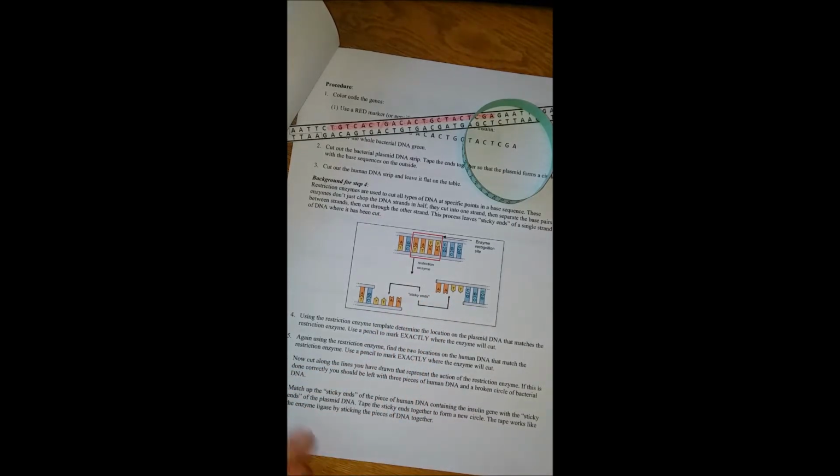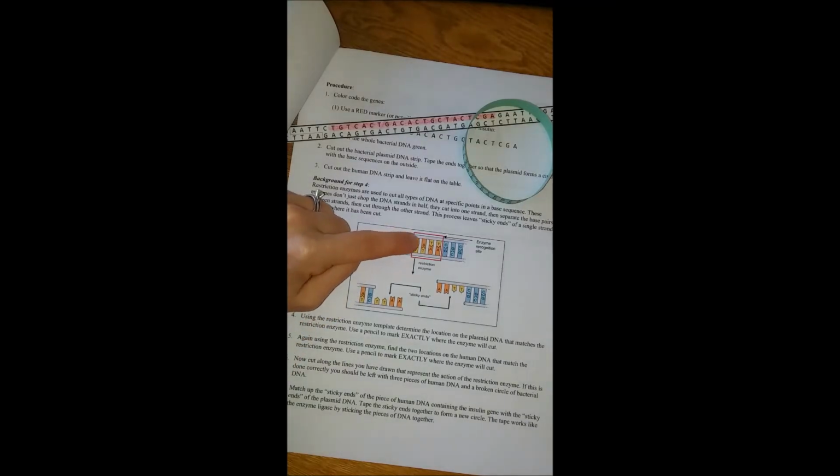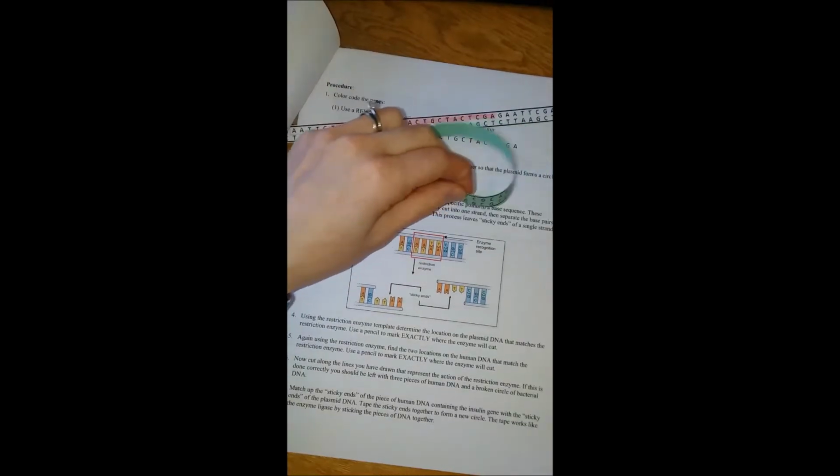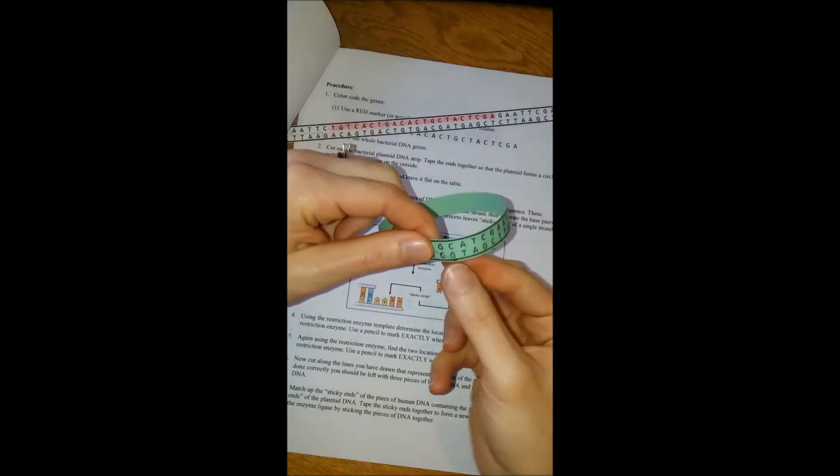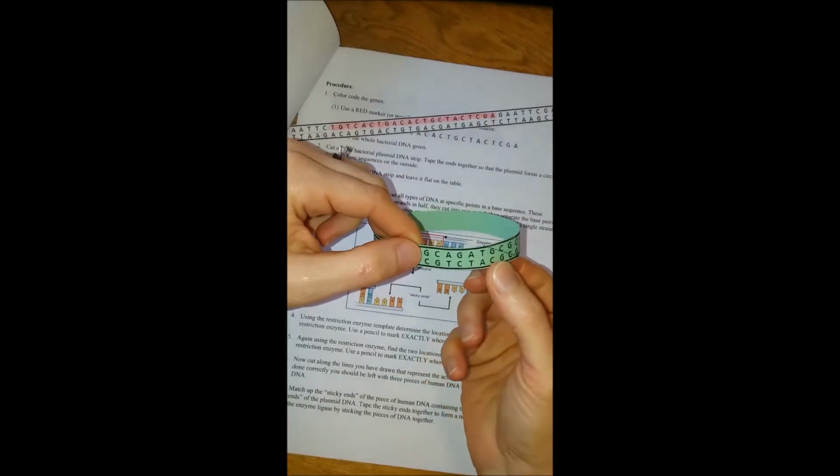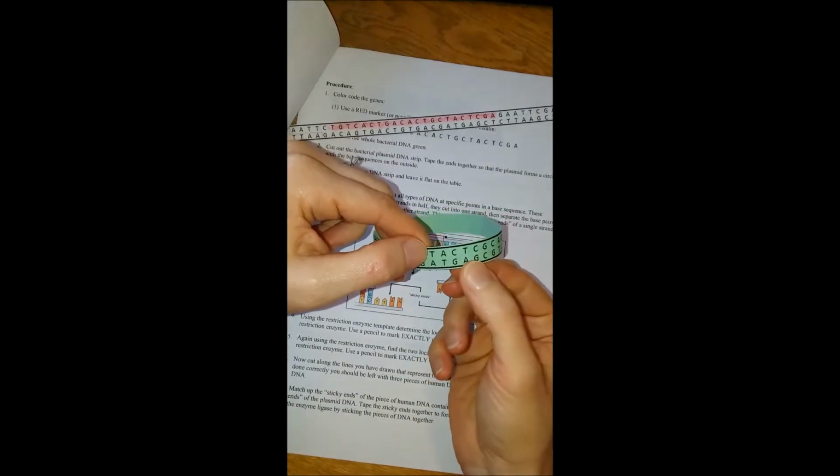Using the restriction enzyme template, determine the location on the plasmid DNA that matches the restriction enzyme. So I am looking for a section that looks like this, AATT on the top side, TTAA on the bottom side. So I'm going to look through, I'm looking for AATT.